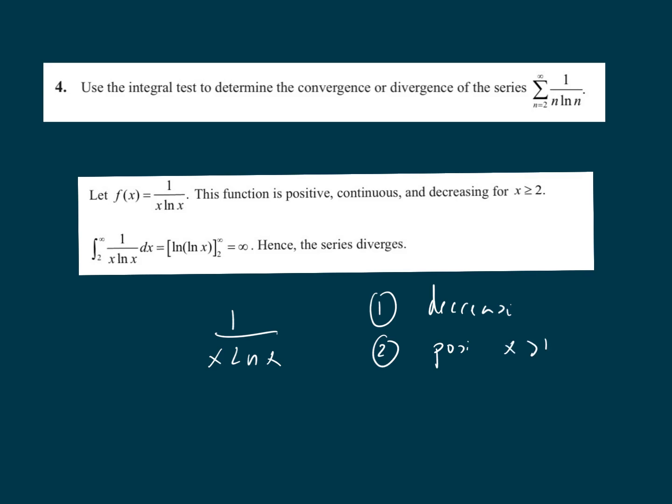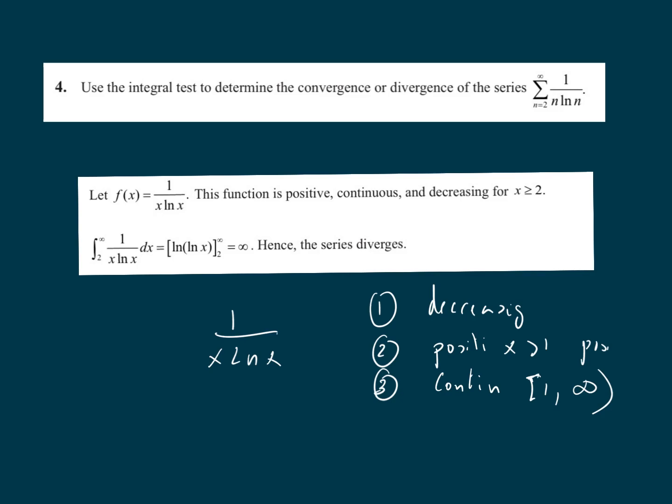Yes, for x bigger than 1 it is a positive function. So it's positive, it's decreasing, and the third condition is continuous. It is continuous on the interval 1 comma infinity. Yes, it's a continuous function.